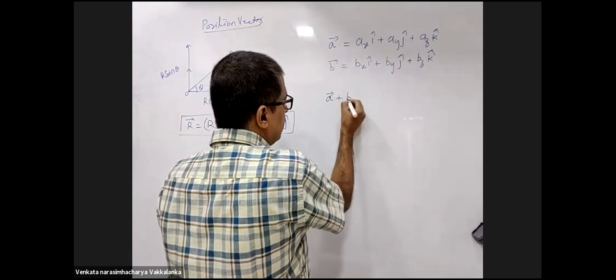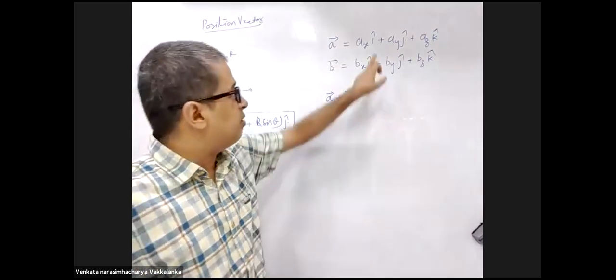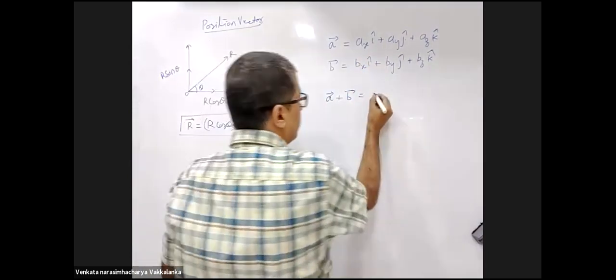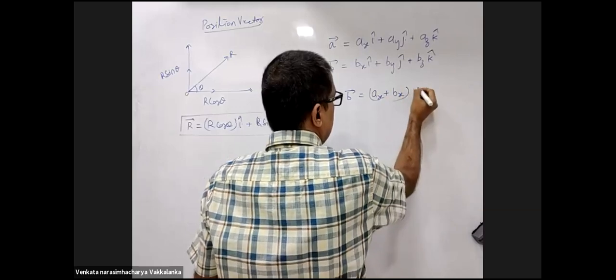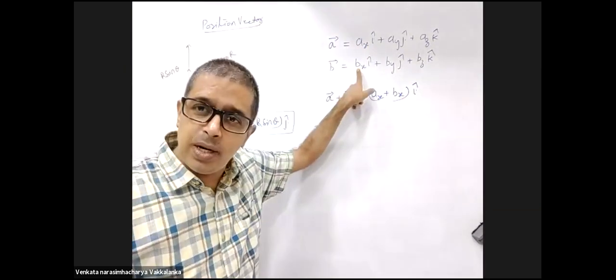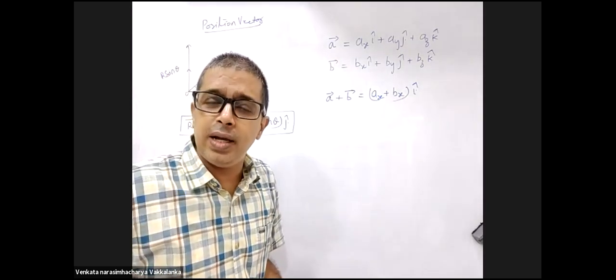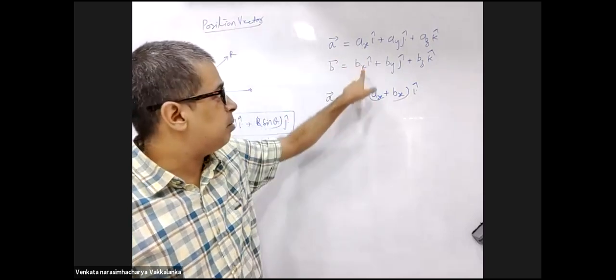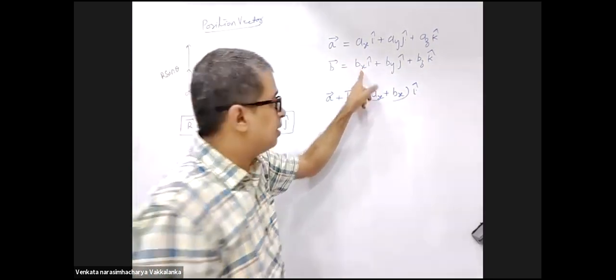You ask me a plus b, it is the simplest calculation ever. Add the coefficients of i: (ax + bx) i cap. You mean to say you added both of them numerically? Yes. Why? Reason being they both are in the same direction, so you can add them up.